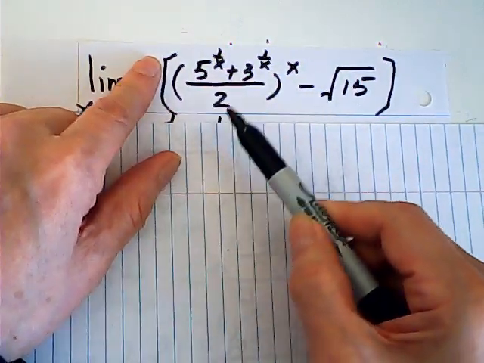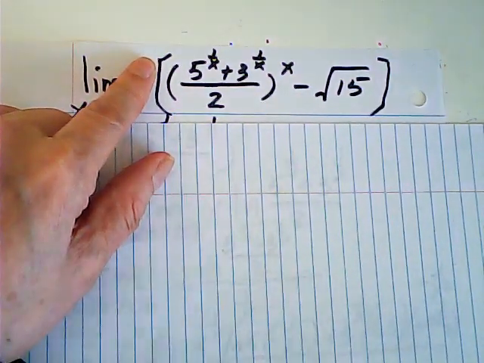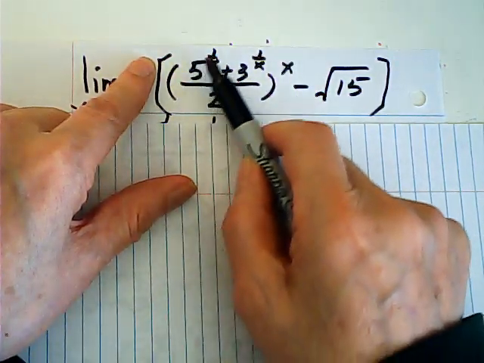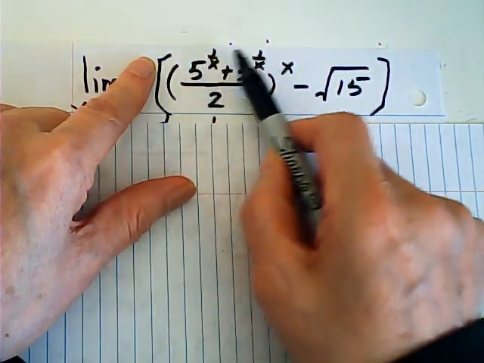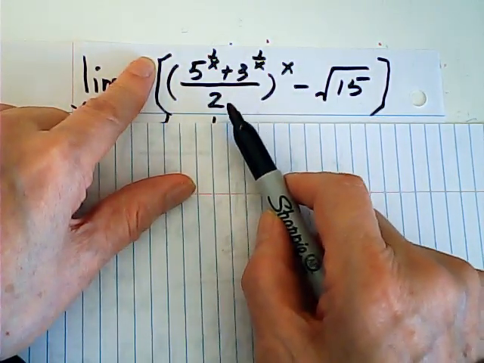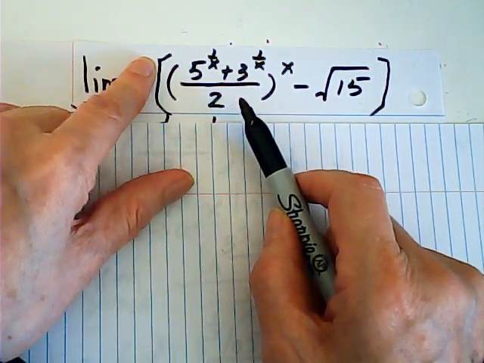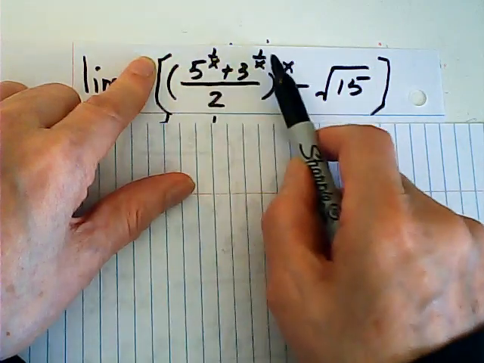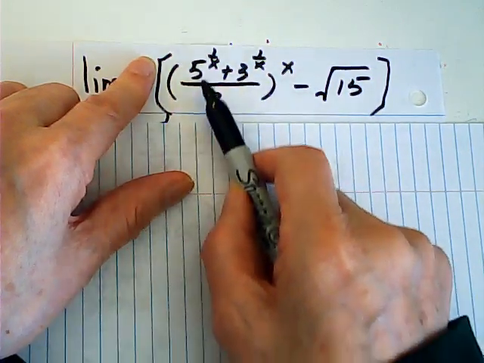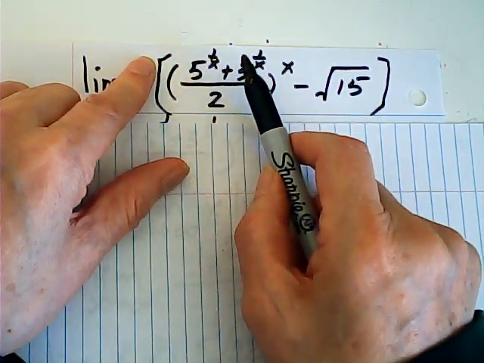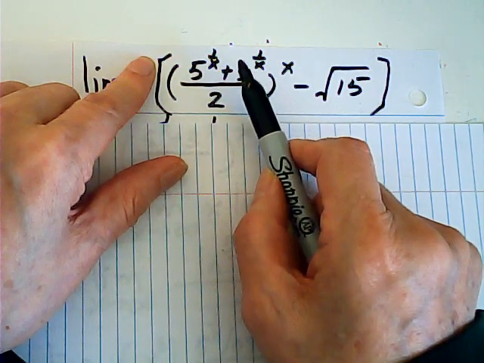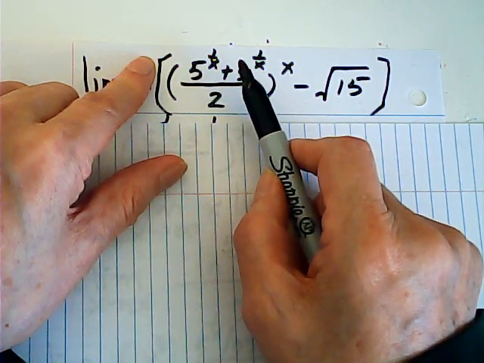Therefore, this function is an increasing function. We know that this limit is root 15. Therefore, this limit must approach root 15 from below. It is always less than root 15, approaching root 15 but from below.